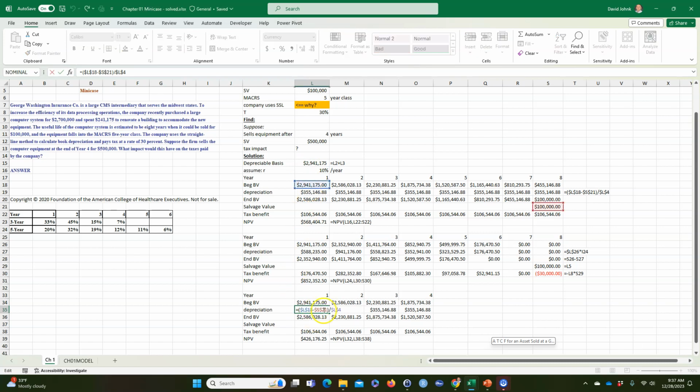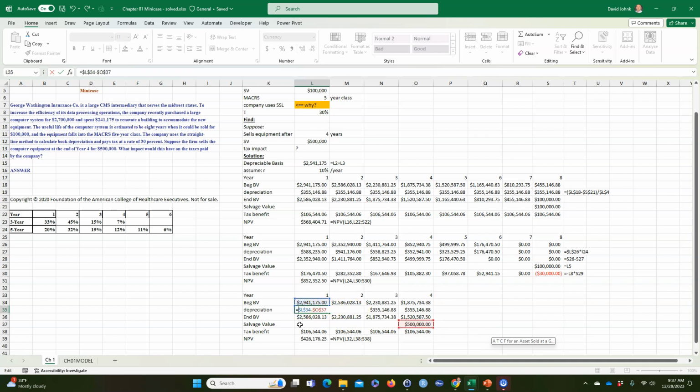And now we know the salvage value is going to be $500,000. So I'm going to go equals this. Remember, I'm not typing 500,000. And now I can do my annual depreciation is going to be equal to this. I'm going to go ahead and F4 it because I want to copy it across, minus this. I'm going to F4 it. Now I'm going to put parentheses around it.